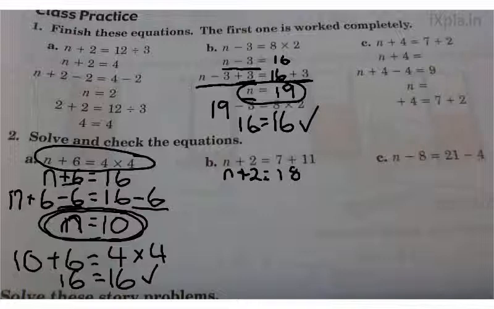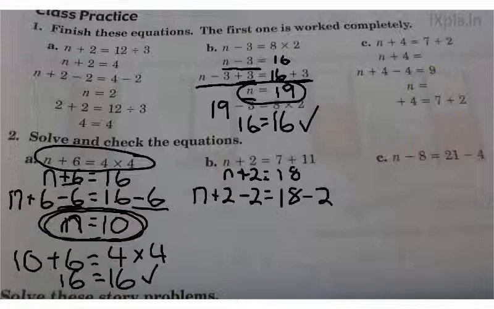All right, the next step, we need to get rid of our plus 2. How do you get rid of plus 2? You do the opposite, minus 2. So I'm going to do n plus 2 minus 2 equals 18 minus 2.